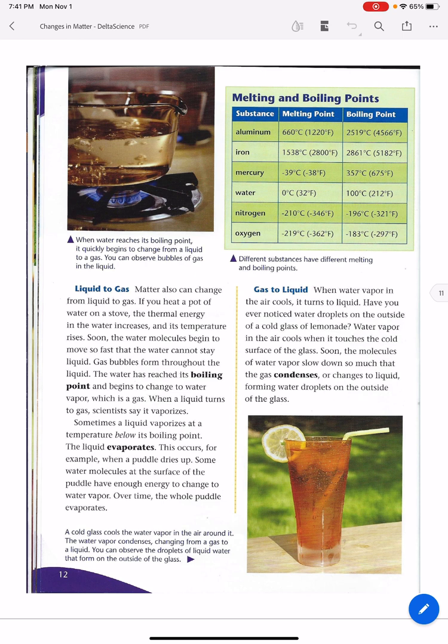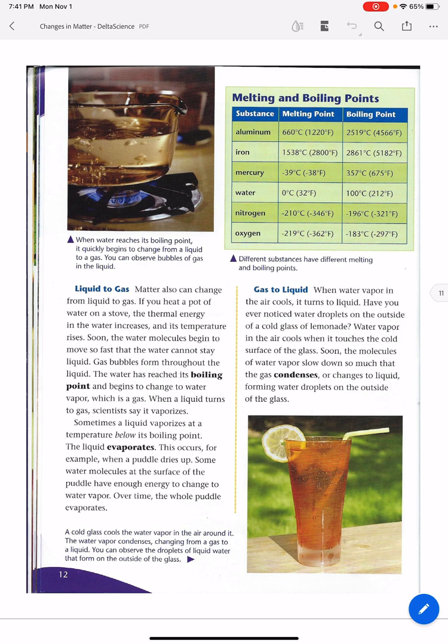Melting and boiling points. Substance: aluminum, melting point 660 degrees Celsius or 1,220 degrees Fahrenheit; boiling point 2,519 degrees Celsius or 4,566 degrees Fahrenheit.